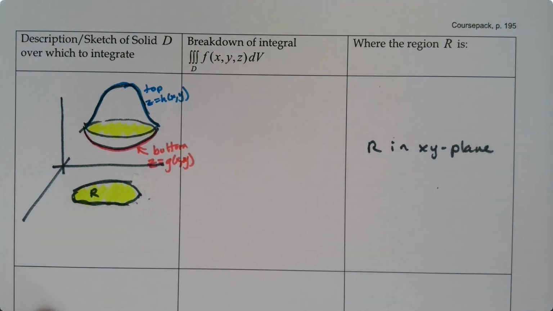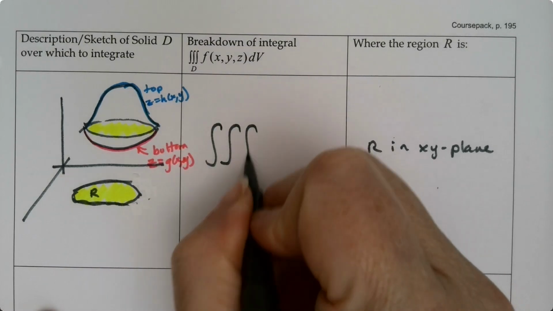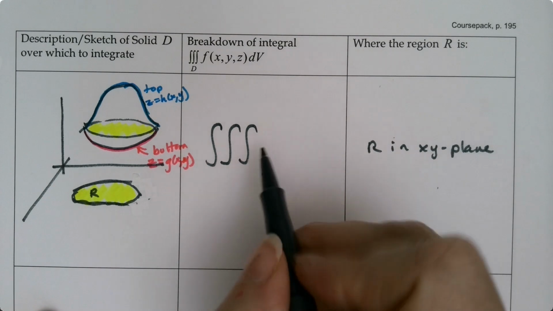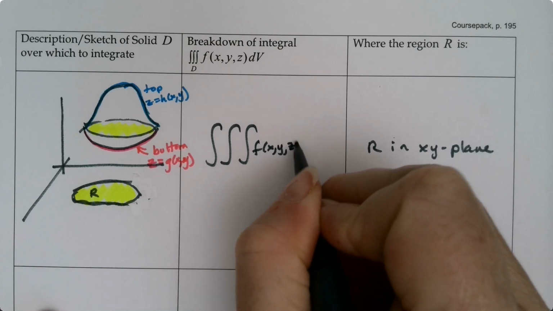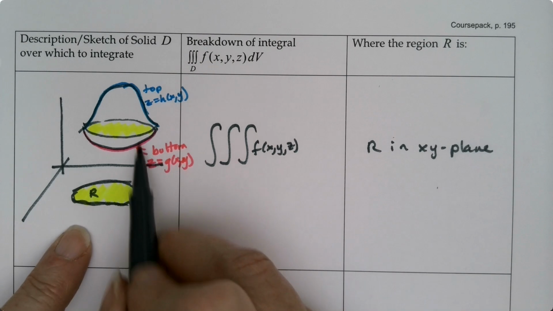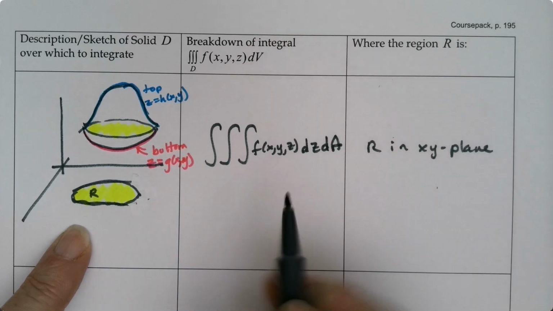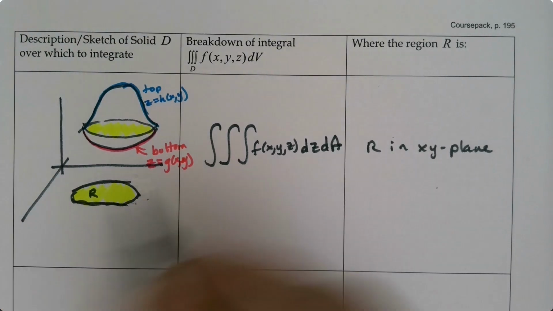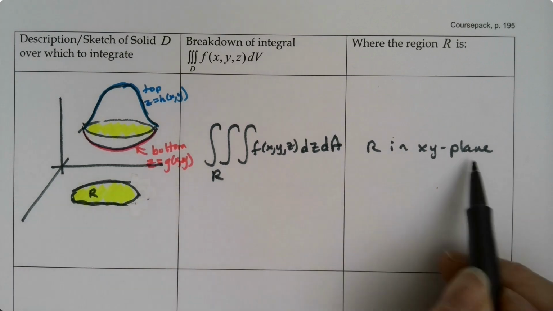Okay, so when we write our triple integrals, and then we have f of x, y, z, and then dv, for this particular one, I would say dz, dA. So A is the region, or excuse me, the area is for the region in the xy plane.